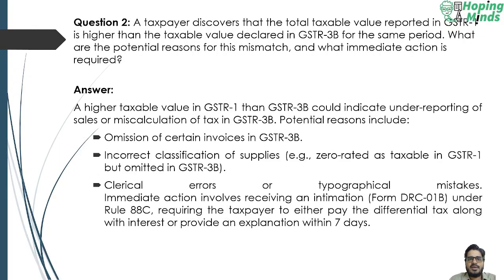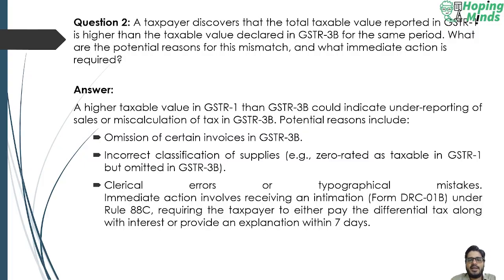So moving ahead, next question: a taxpayer discovers that the total taxable value reported in GSTR 1 is higher than the taxable value declared in GSTR 3B for the same period. What are the potential reasons for this mismatch and what immediate action is required?